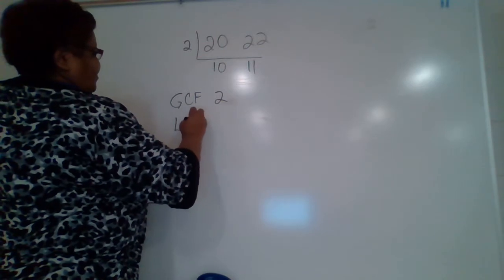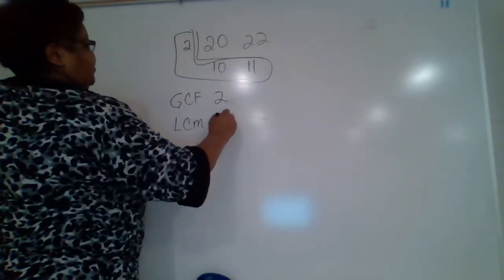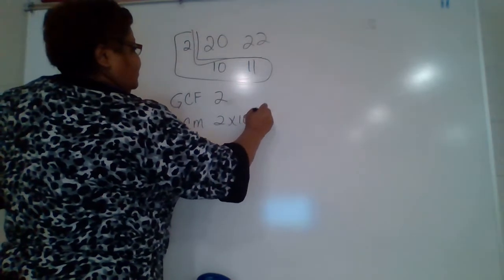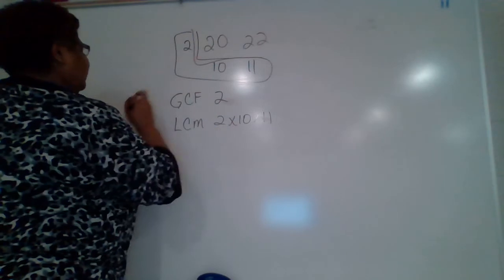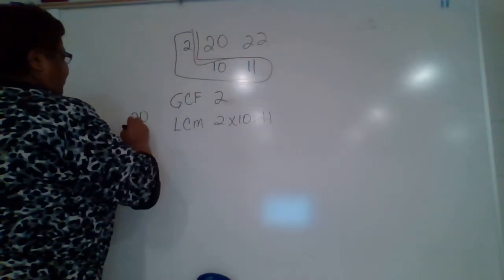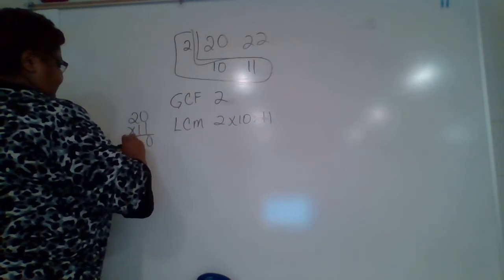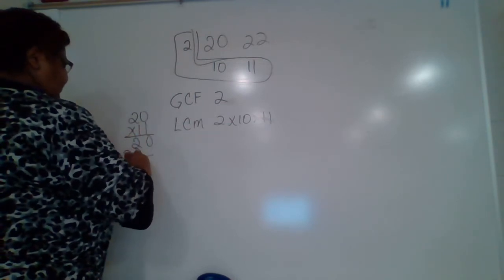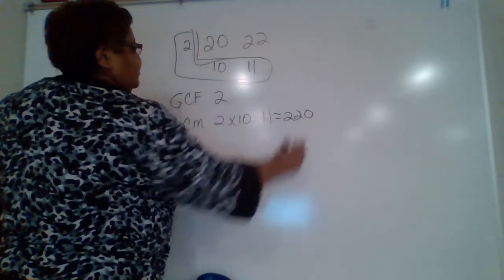My least common multiple is my L. 2 times 10 times 11. And so that's 2 times 10 is 20 times 11. Nothing wrong with going off to the side doing a little math. So my LCM is 220.